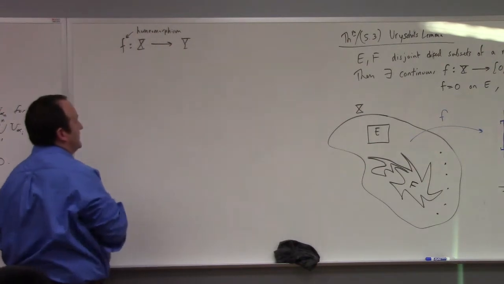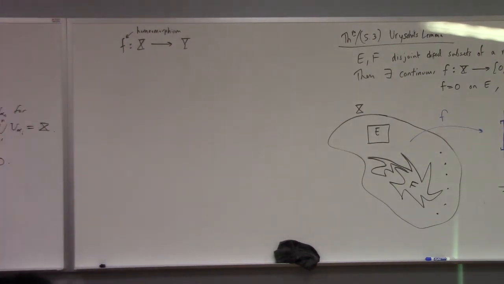But in fact, like I said, there's a weaker theorem than that, which is proved here. Oh, I'm sorry. I'll get back to that in a second. There's another definition I should make.